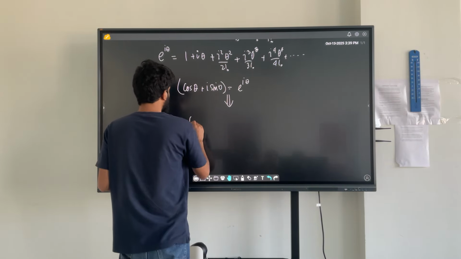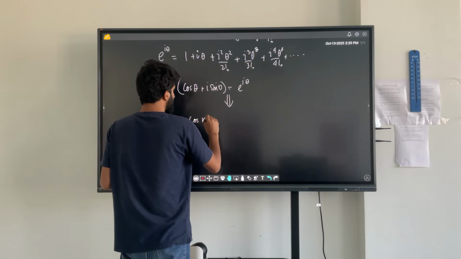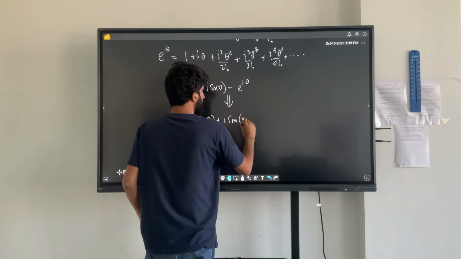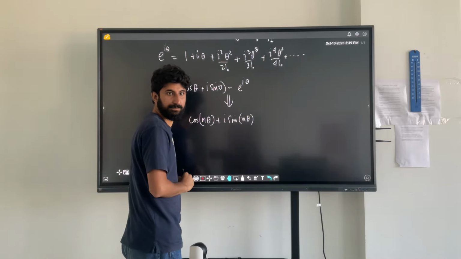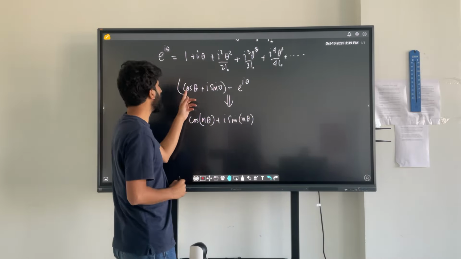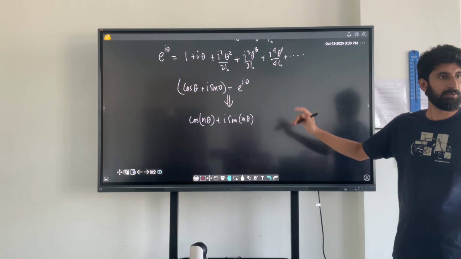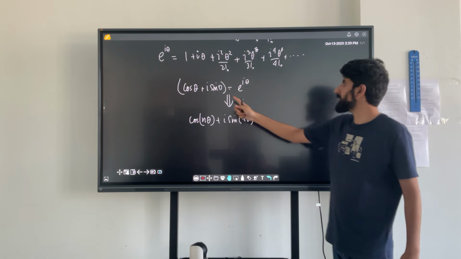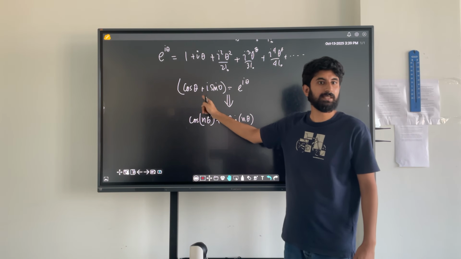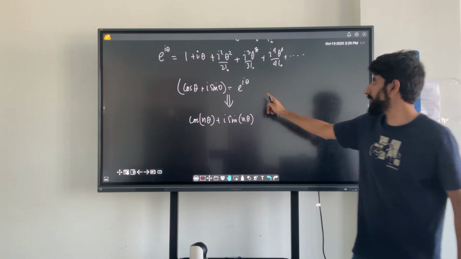Let's say I have cos of n times theta plus iota sine of n times theta. What did we learn here? Cos of whatever you have in the argument plus iota sine of whatever you have in the argument is e power iota times that number. But make sure that this theta is real, don't use it for imaginary. This equation we derived for a real number.